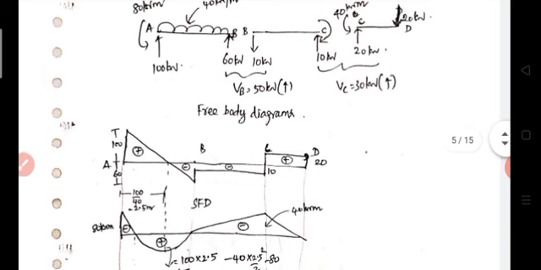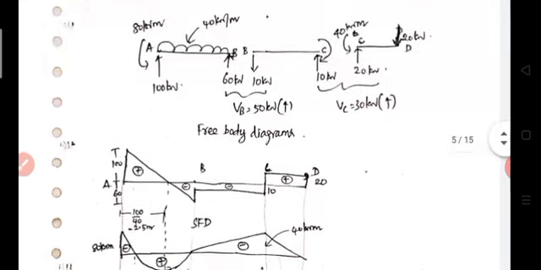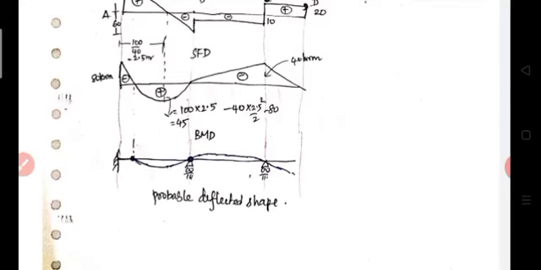So with the help of this you may draw those diagrams. Then finally in the question they asked to draw the deflected shape of the beam also. So it is drawn from the bending moment diagram.